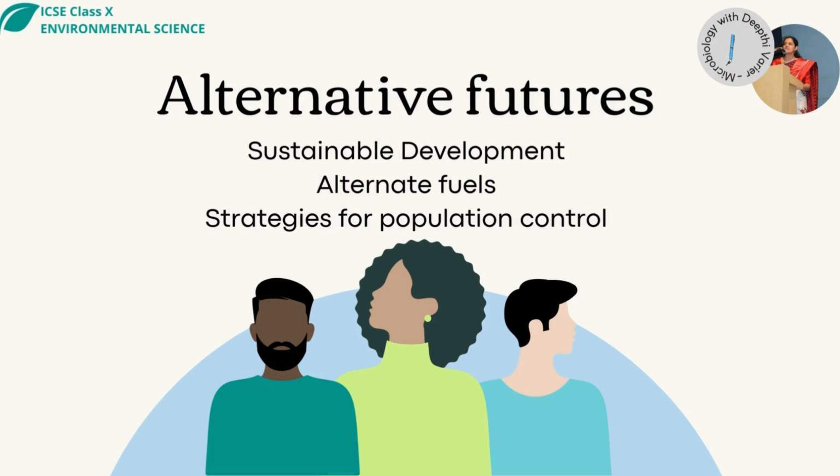We will be able to control a lot of the negative effects. We'll be able to reduce the degradation of the environment. We'll be able to reduce the amount of climate change, provided we put in place all those strategies. So the alternative future is possible by sustainable development, by use of alternate fuels, or by implementing the strategies for population control, which we'll be seeing in the next few slides.